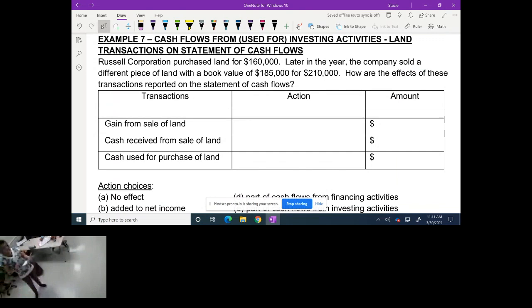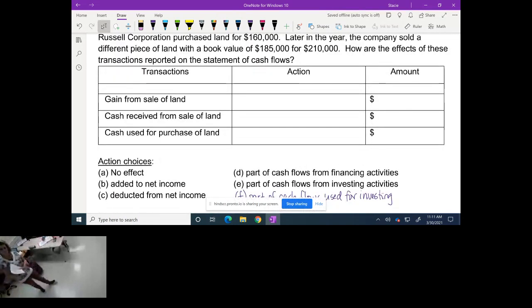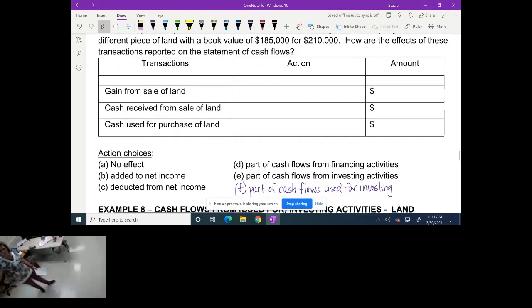Okay, so gain from sale of land. Which one of the three sections is it going to go in? Operating activities. So we've got these choices to choose from. And like you said, net income. It's going to go in the operating activity section, yes.